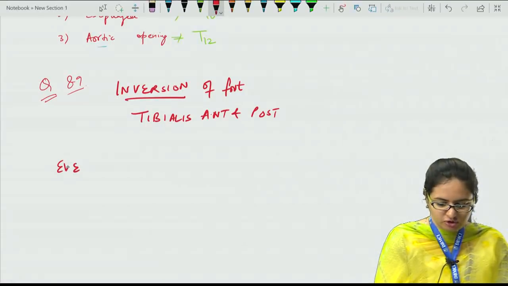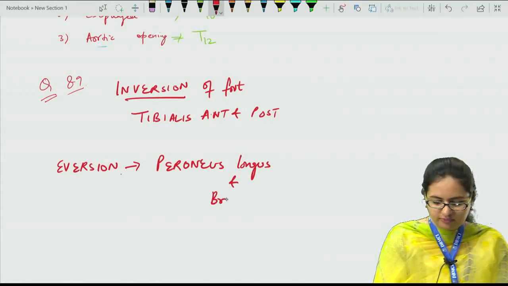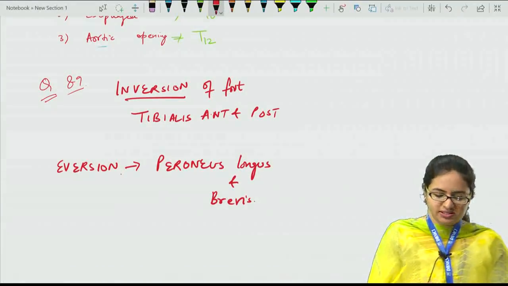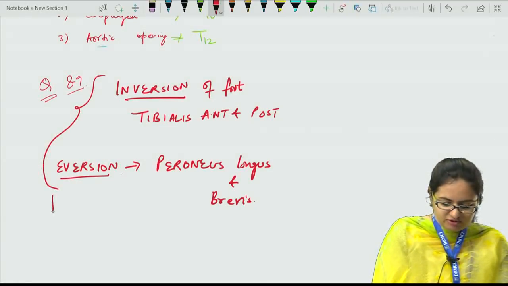And for the eversion of the foot, the muscles which help are peroneus longus and peroneus brevis. These are the specific muscles which help in this movement, and the inversion and eversion movement occurs at the subtalar joint.